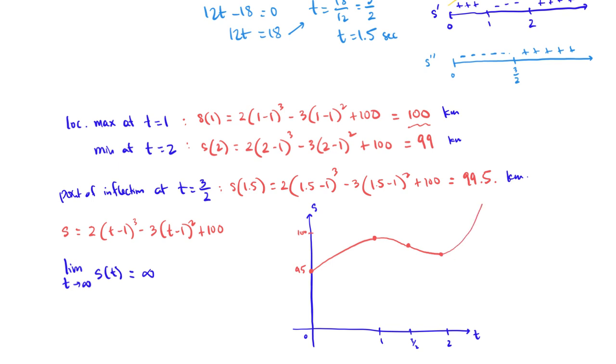We see that initially when time is 0, the Mars orbiter is at 95 kilometers from us.